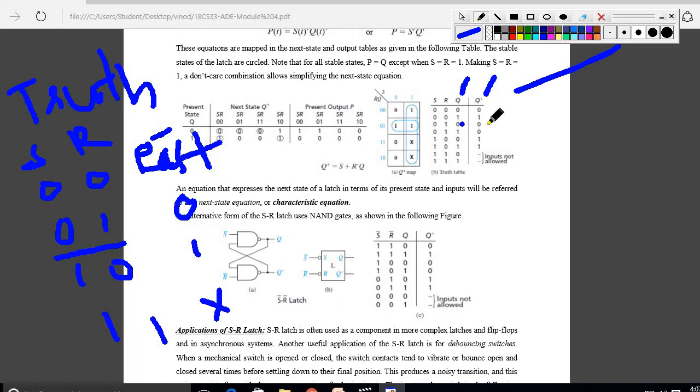So I write 0. In the next condition, 0 1 again, the past value is 1, but I am not writing 1 here, because input 0 1 means reset. For that reason I write 0 here. Now you got the idea of how to write.